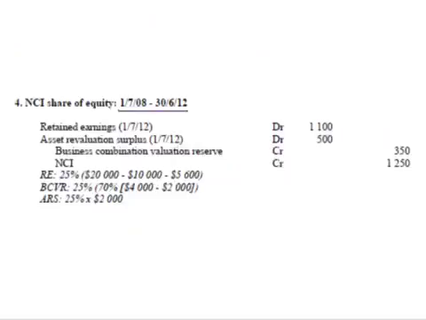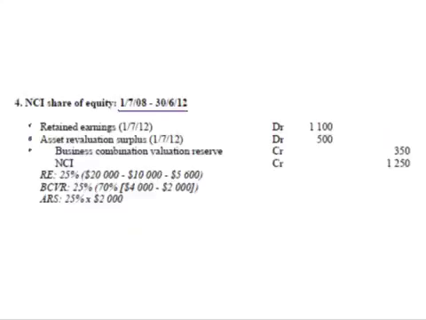We're busy with the consolidation worksheet entries for 2013. So the equity balances that changed since the acquisition date were retained earnings, a new asset revaluation surplus, and adjustments that we've made to the BCVR.